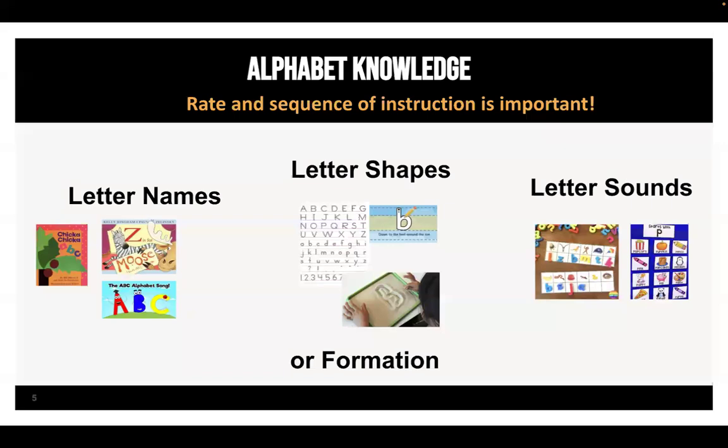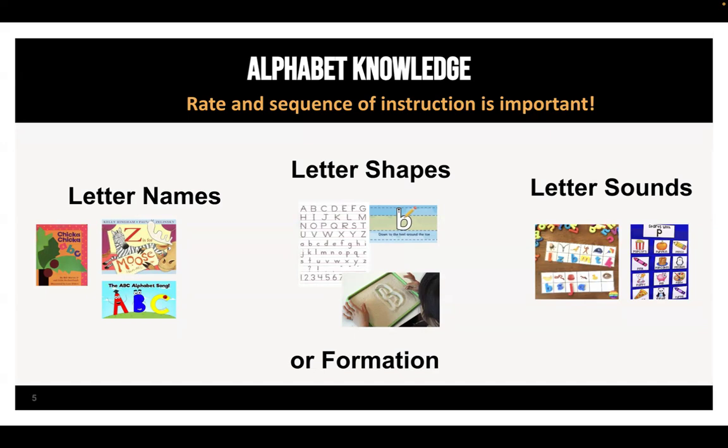Here are some of the most important things that students need to know regarding alphabet knowledge. They need to know the letter names. So A, B, and C, those are letter names. They need to know the shape of those letters, capitalized and lowercase, with different fonts and in different contexts.